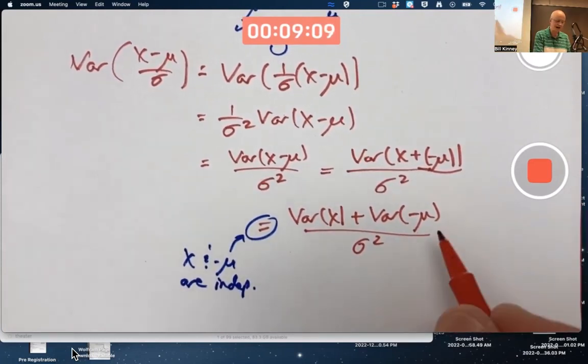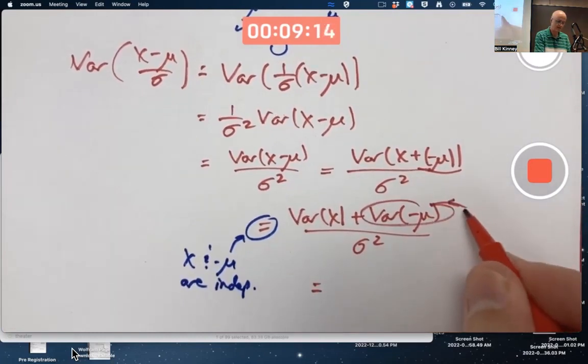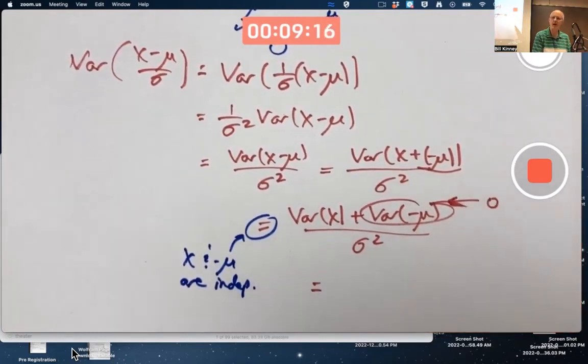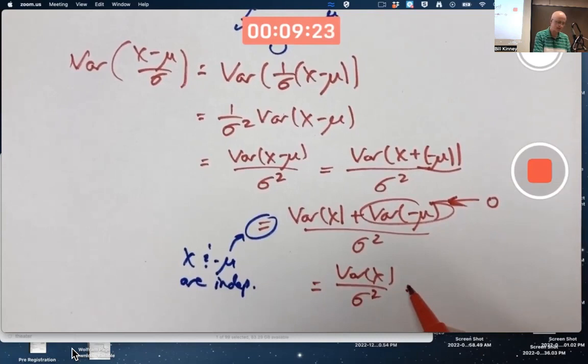And the variance of a constant is 0. That's the variance of a constant. That's 0. So we get the variance of x divided by sigma squared. But wait a minute. Sigma squared is just another symbol for the variance. So sigma squared over sigma squared is 1.